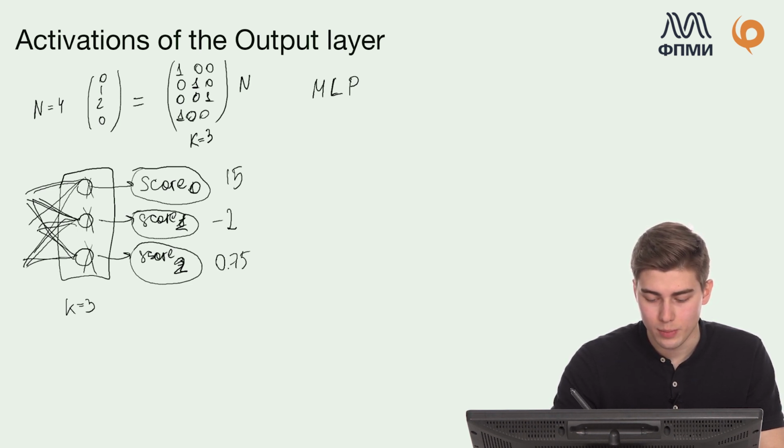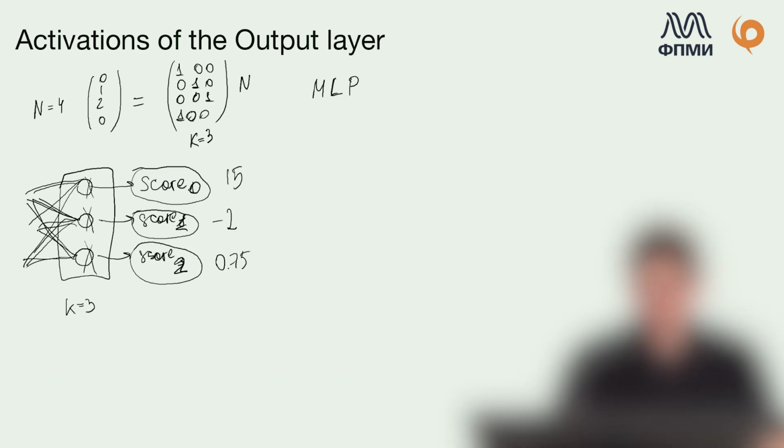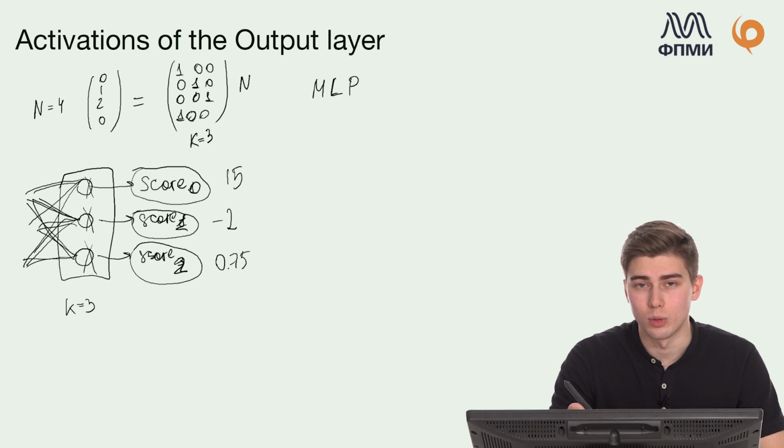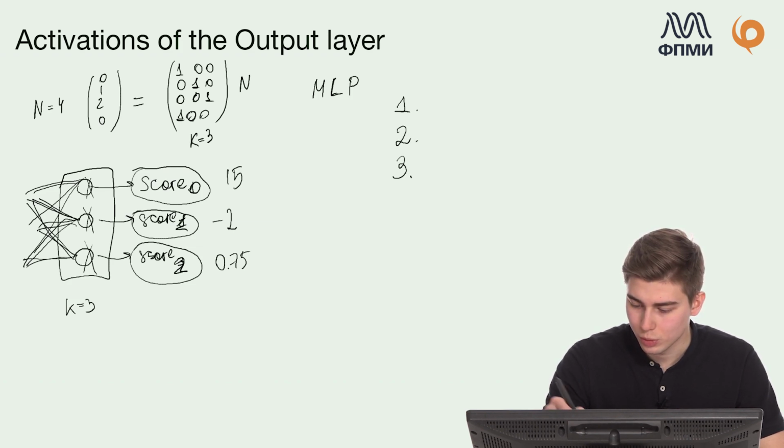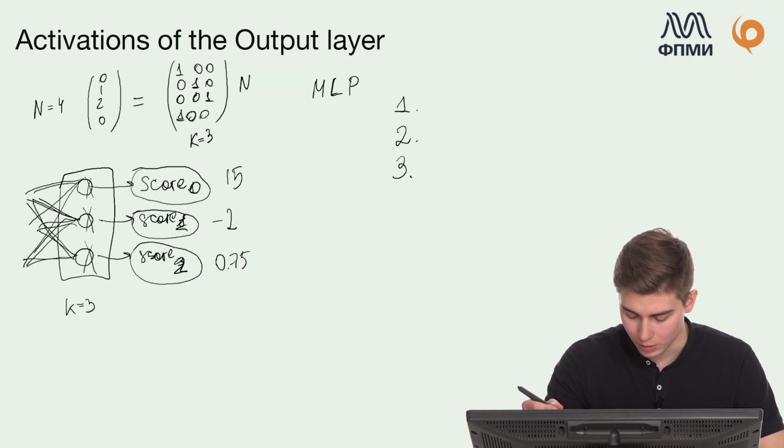But we want something that we can treat as a probability of a class. So we want to predict the probability of each class. Let's write the main features of the numbers which we can treat as a probability. They must be non-negative.